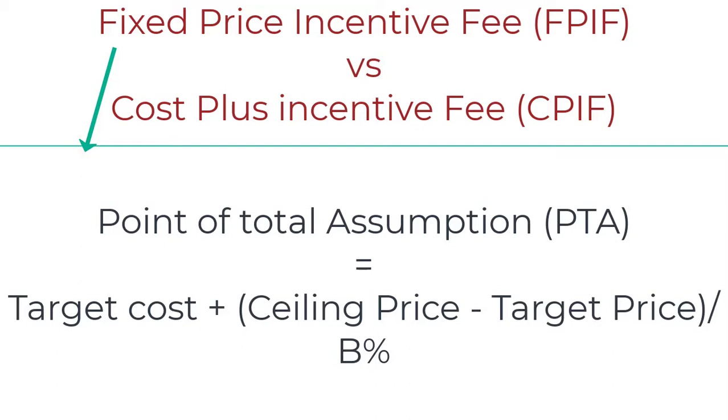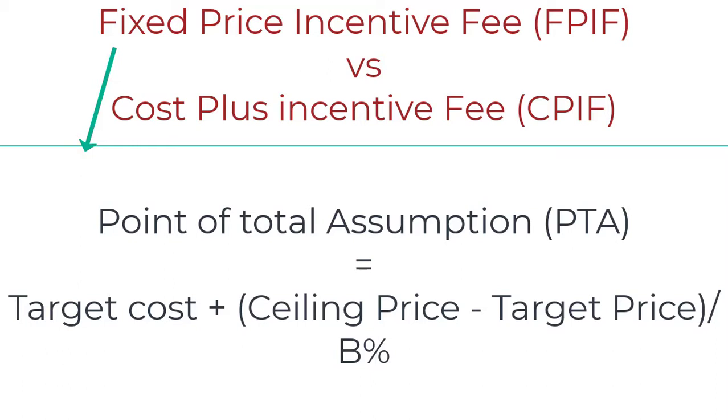Cost plus incentive fees has minimum fee and maximum fee terms, which is different from fixed price incentive fees. In fixed price, the price part, the ceiling price part, is very important. So the formula has target cost plus the difference between ceiling price and target price. That part is for incentive fees.